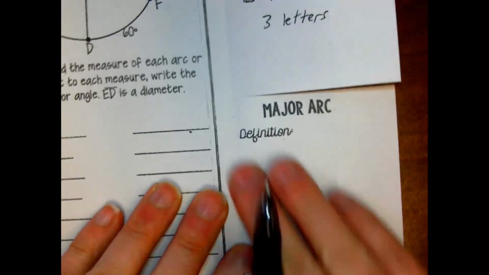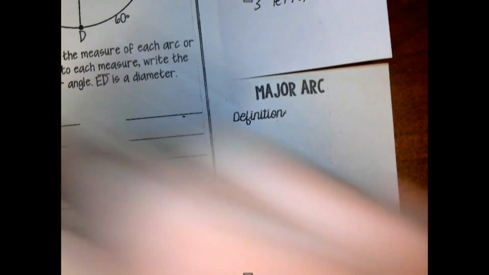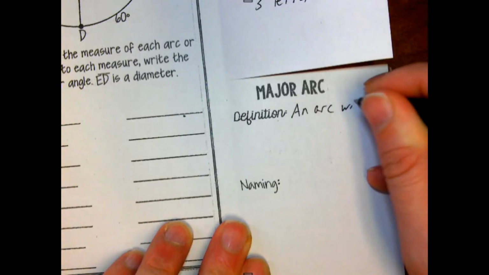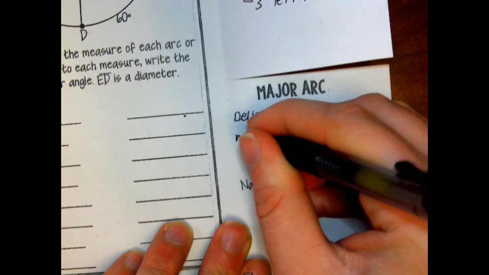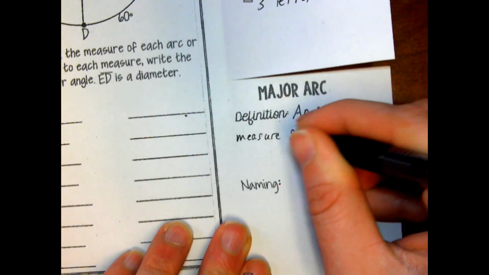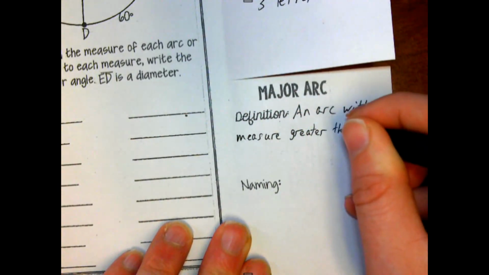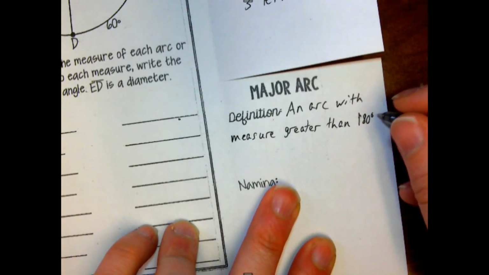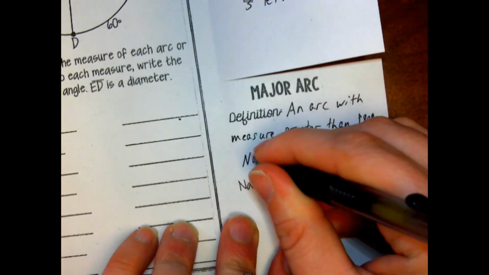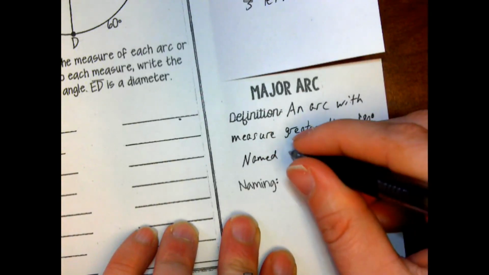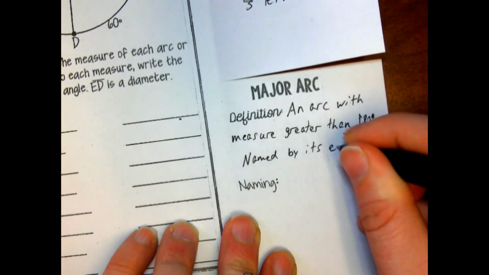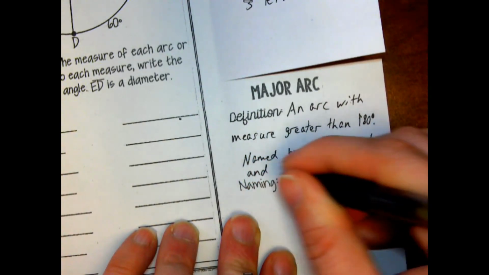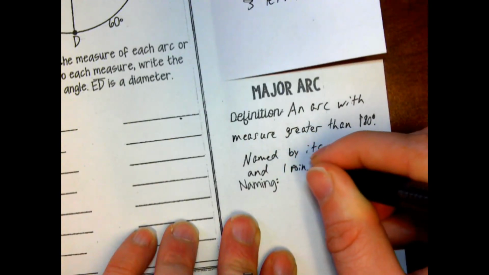And finally, a major arc. A major arc is an arc with a measure greater than 180 degrees. So more than a semicircle is a major arc. A major arc is named by its endpoints and one point on the arc, again, so we can tell which direction we're going.